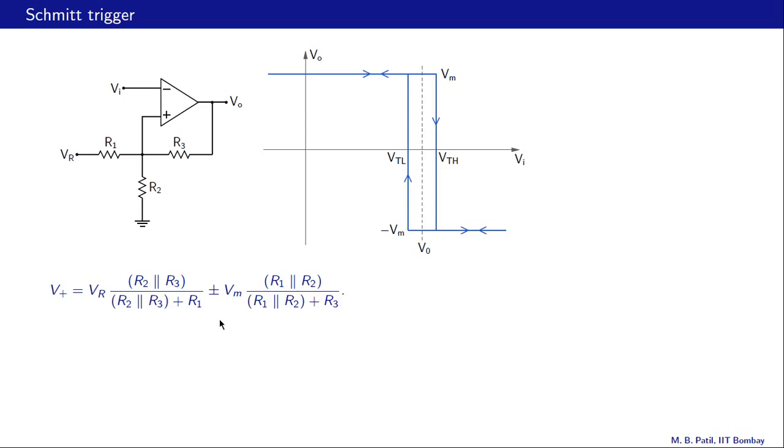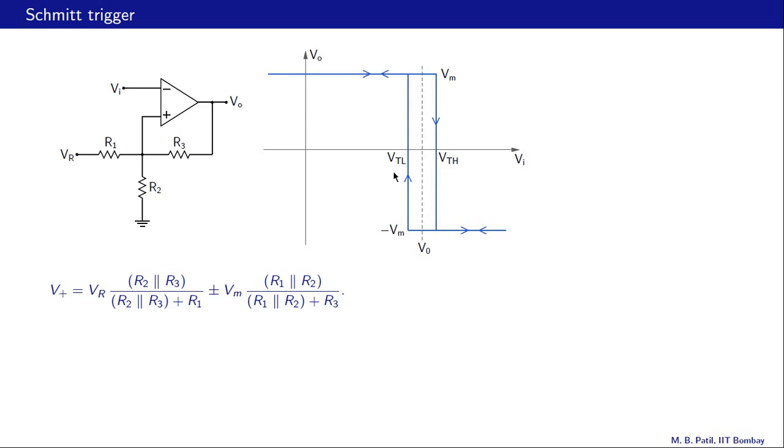So that is V plus when VO is equal to plus Vm, and that essentially gives us VTH. Similarly, when we are here, VO is minus Vm, and now V plus is the same expression with a minus sign here, and that gives us VTL.